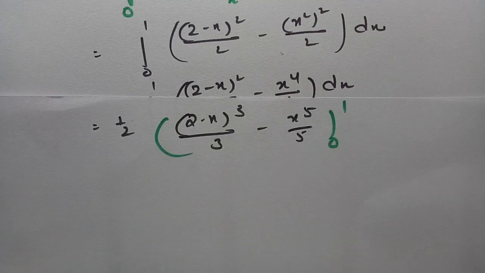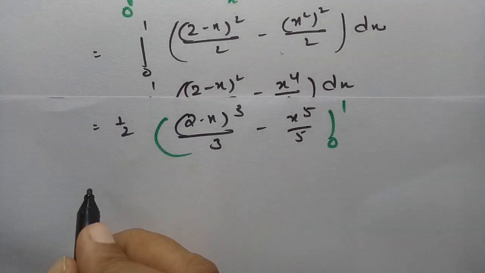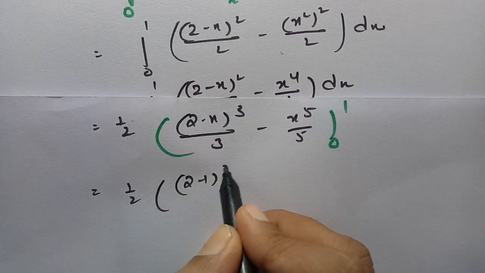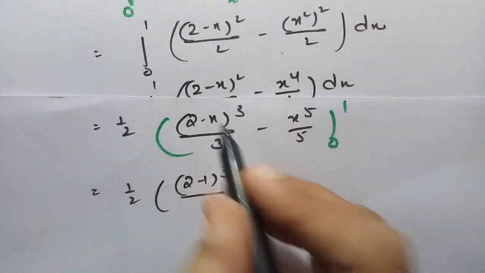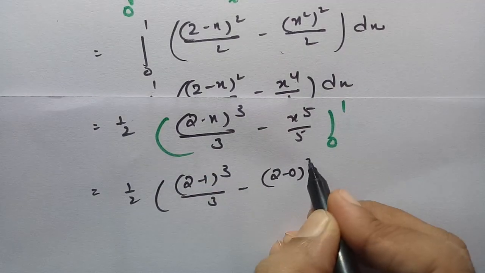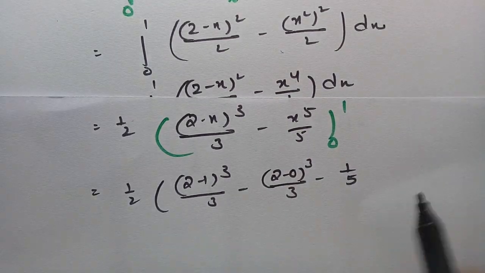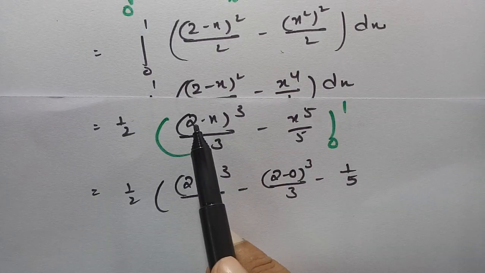Now I have to substitute upper limit minus lower limit. So this will be half times of, if I substitute the upper limit, 2 minus 1 whole cube by 3 minus, if I substitute the lower limit, 2 minus 0 whole cube by 3, and this one is half. So this is upper limit.